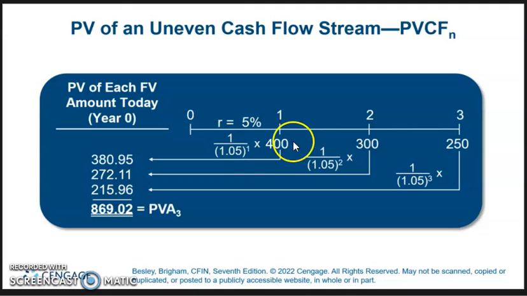We would present value those all back to today. We divide the first one by 1.05 to the first power, the second one by 1.05 squared, and the third one by 1.05 cubed. Then we add them up and we get $869.02, which is what we got in our calculator.